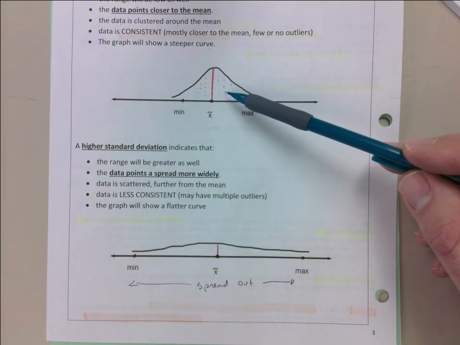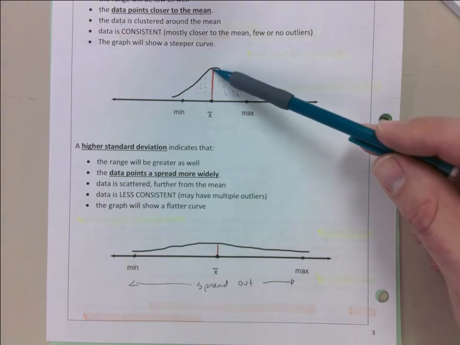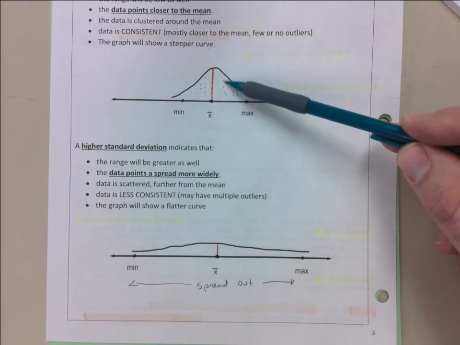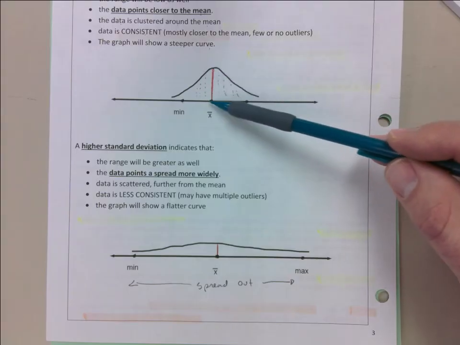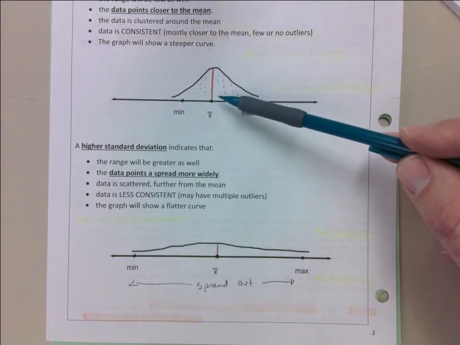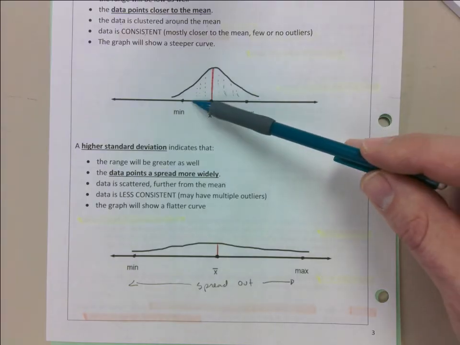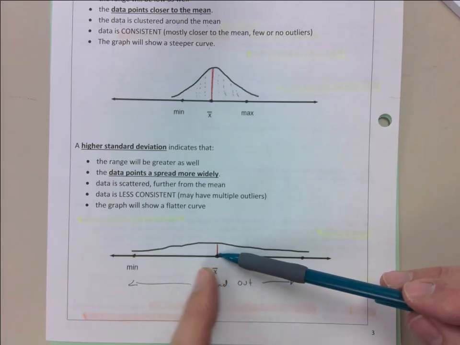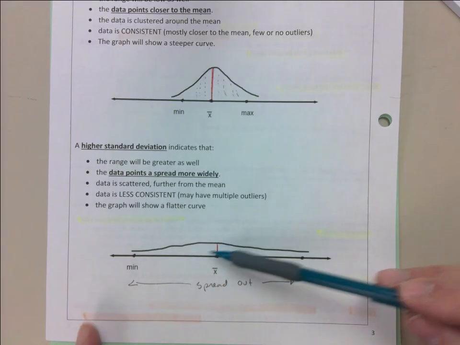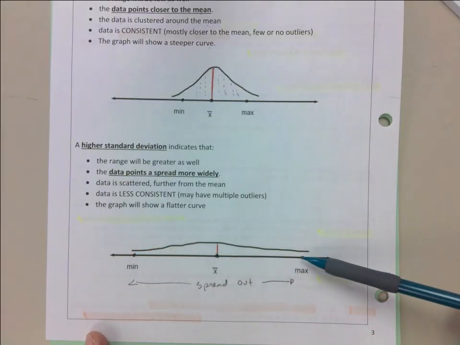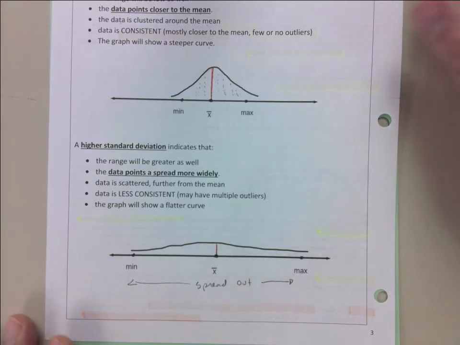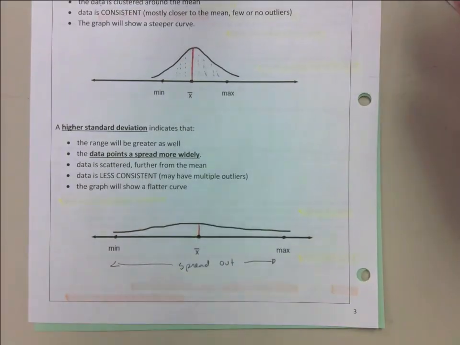If you keep track of free throws during a game, you would want a player that stays closer to their average, because that means that player is consistently performing about the same. Maybe a little bit more, maybe a bit less, but it's not like this player. You've got games where it's just terrible, way out here. Games that are really great, and then everything in between. And that's harder for a coach to work with, right? So you're looking for consistency. So when it comes to sports, that's what you want, okay?